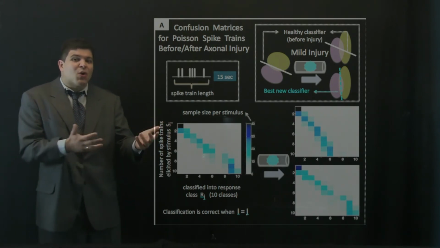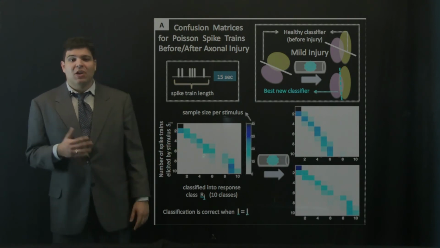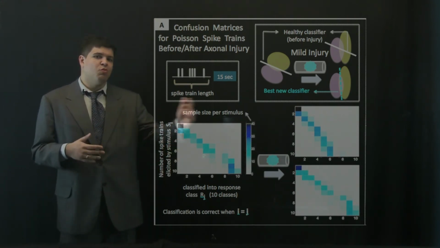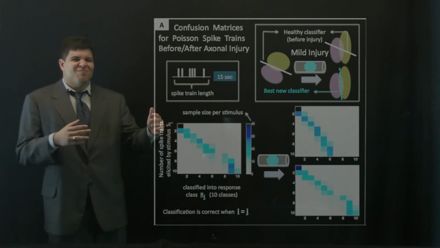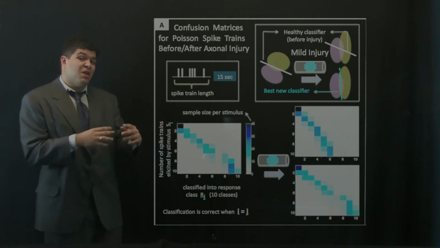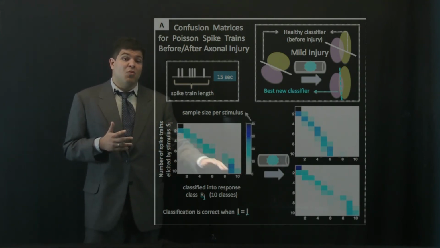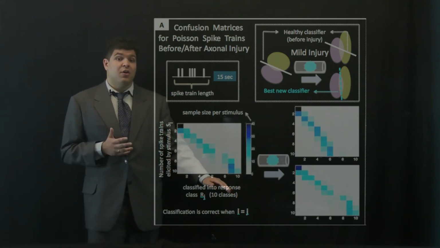But nothing crazy happens, right? A spike train of 6 is either confused with 1 above and 1 below, but it's not going to be confused with classes too far apart, so you're still going to have a somewhat diagonal structure, okay?